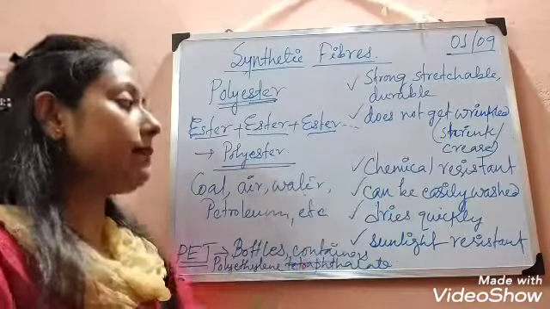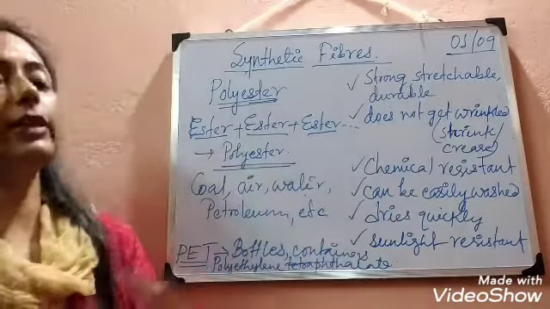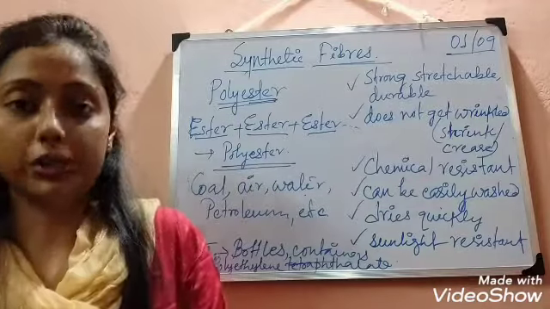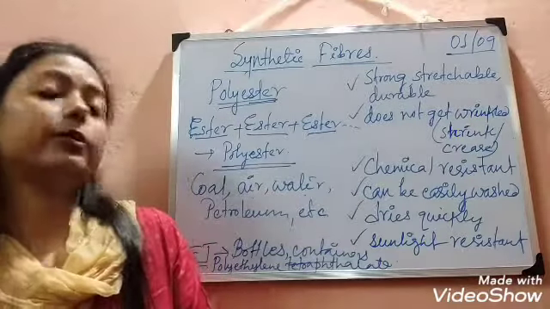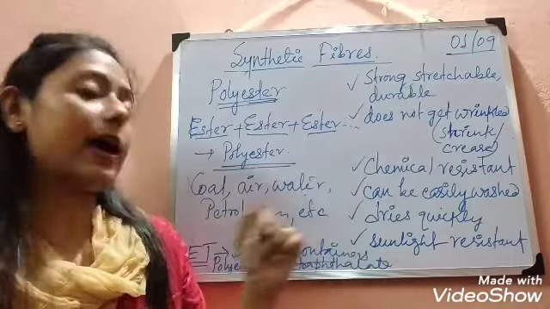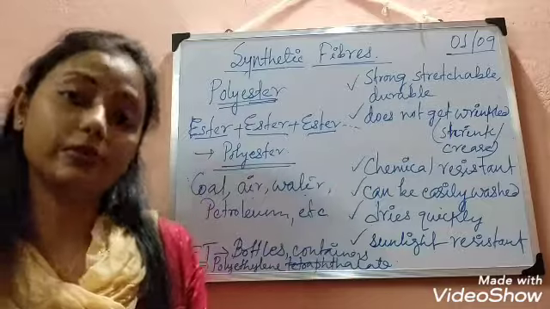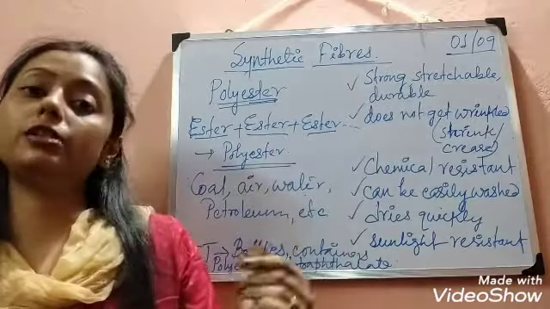It can be easily washed. Anything made of polyester we can easily wash, so this is very user friendly. It dries quickly, which is also a very common feature that makes it user friendly, and obviously it is sunlight resistant.